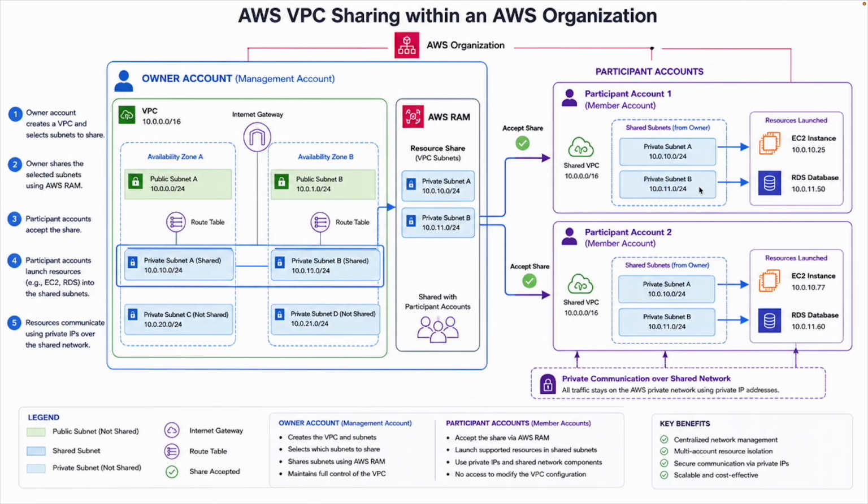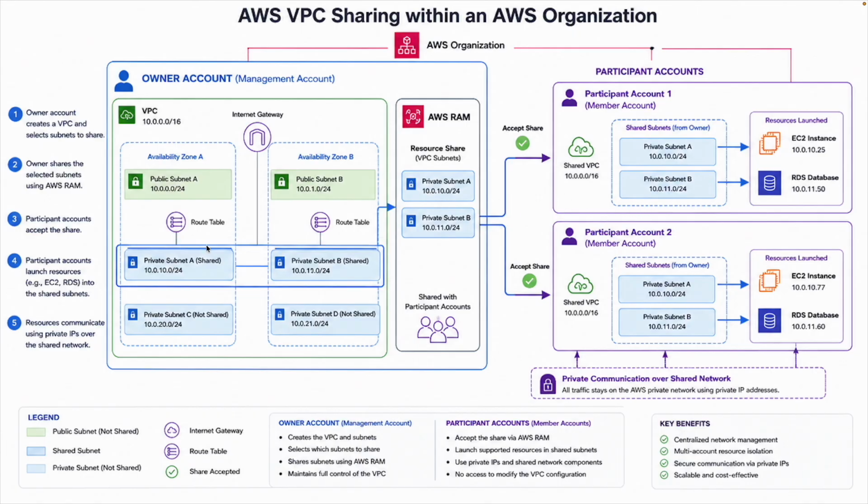The elastic network interfaces attached to the resources also belong to the participating account. The EBS volumes created when deploying the resources belong to the participating account. Also, the IAM roles created belong to the participating account. This separation allows the networking team and the applications team to work independently, which is a great thing.